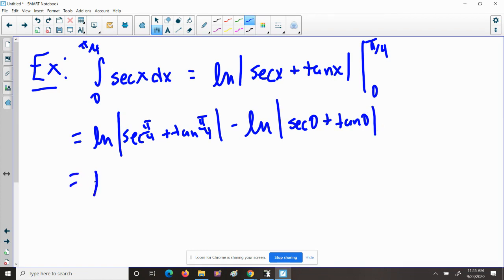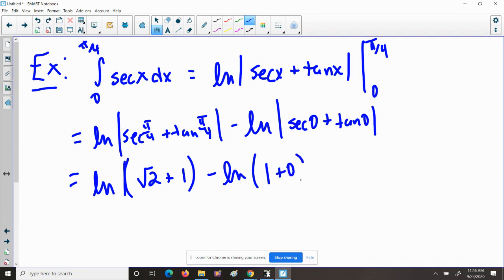All right, so let's see what we got. Secant of pi over 4 is square root of 2. Tangent of pi over 4 is 1. So this is positive. We can actually change these to parentheses because it's already positive. Minus natural log of secant of 0 is 1, plus tangent of 0 is 0.